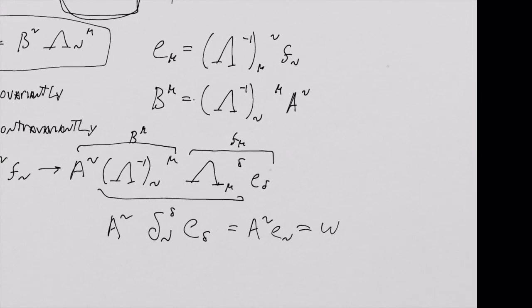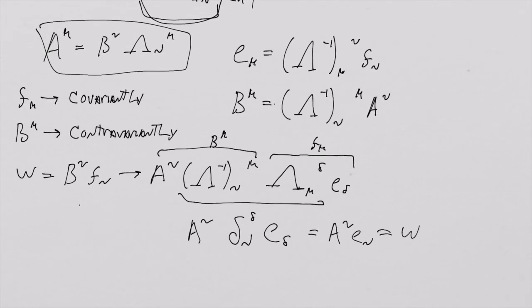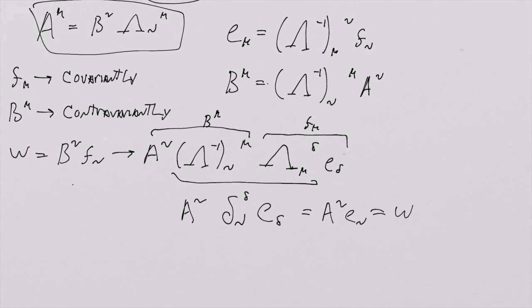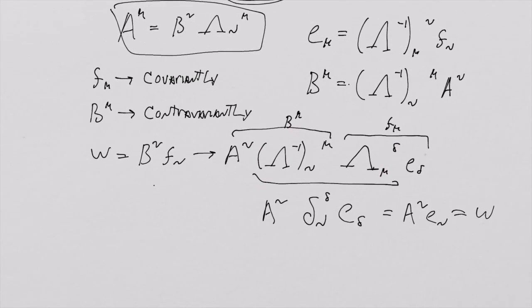So what we've got going on is why things transform contravariantly and covariantly: to preserve this equality. This has to equal this in the end, and it does so because the transformations of the coefficients and the basis vectors exactly compensate.